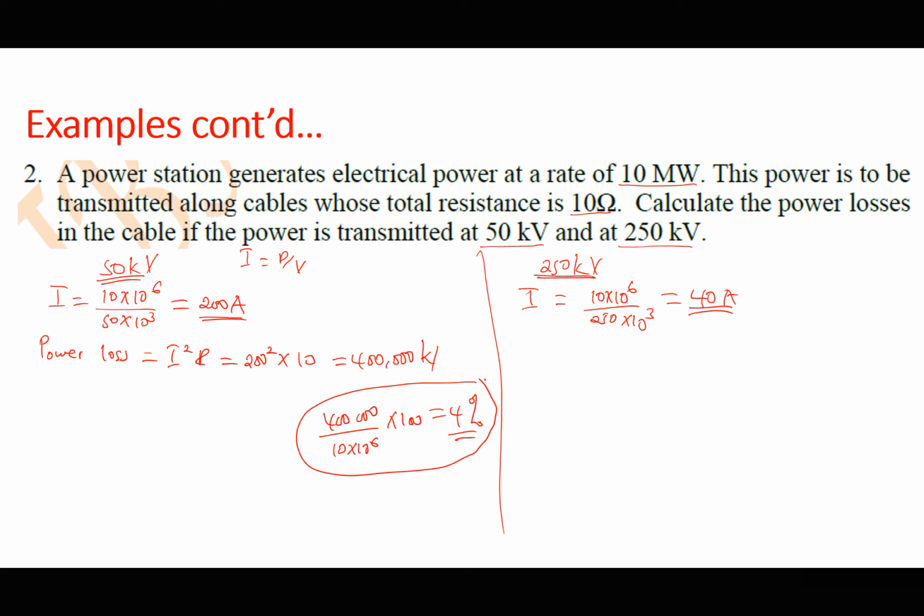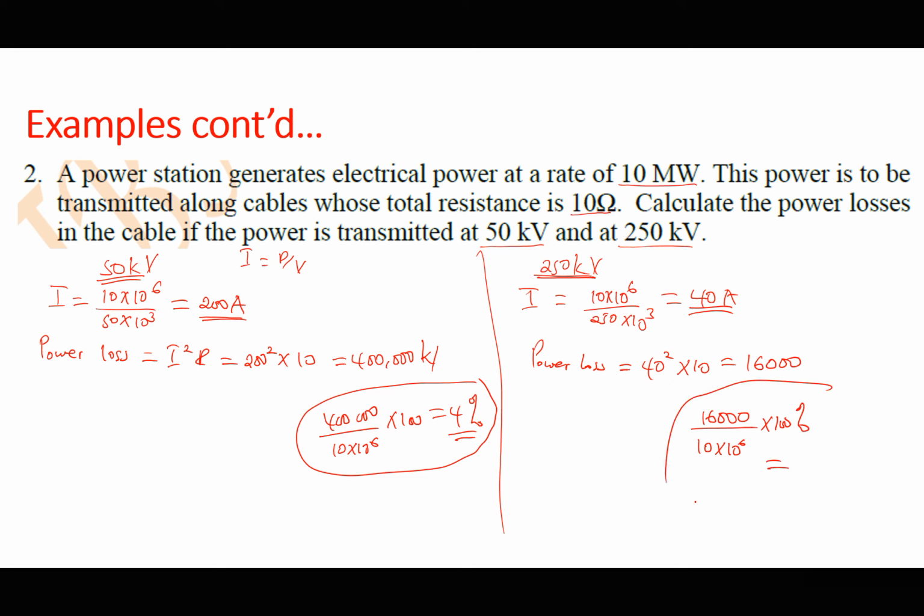It's 4%. On the other side, the power loss is going to be I squared, which is 40 squared, times 10, which is 16,000. As a percentage, it will be 16,000 divided by 10 times 10 to the power of 6 times 100 to change it to percentage.